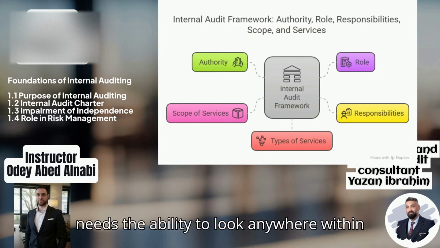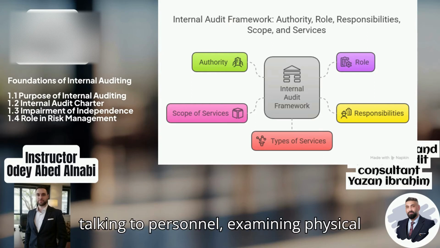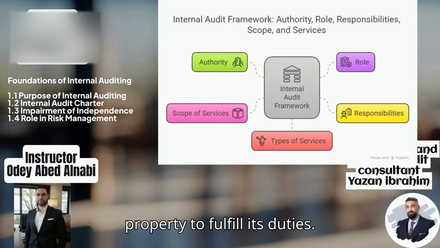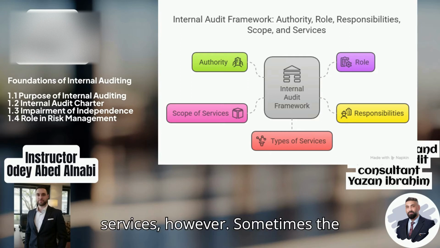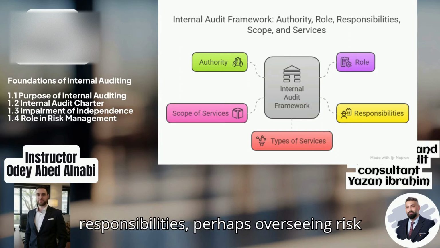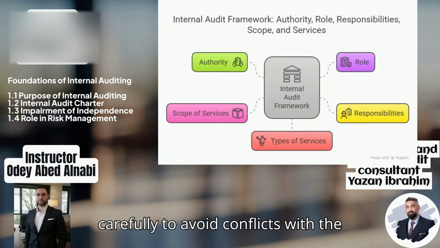Internal audit needs the ability to look anywhere within the organization, accessing records, talking to personnel, examining physical property to fulfill its duties. Role. Primarily, the internal audit team performs audit services. However, sometimes the CAE might have additional responsibilities, perhaps overseeing risk management or compliance functions, although these should be managed carefully to avoid conflicts with the core audit role.